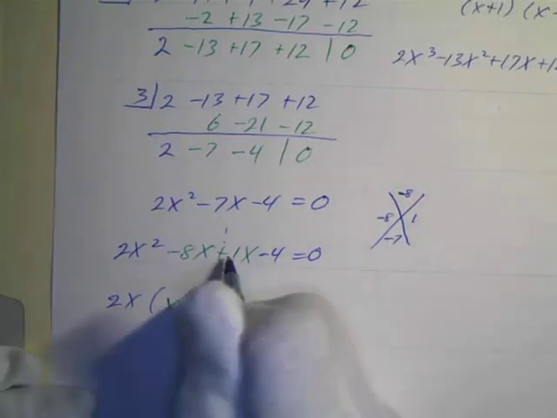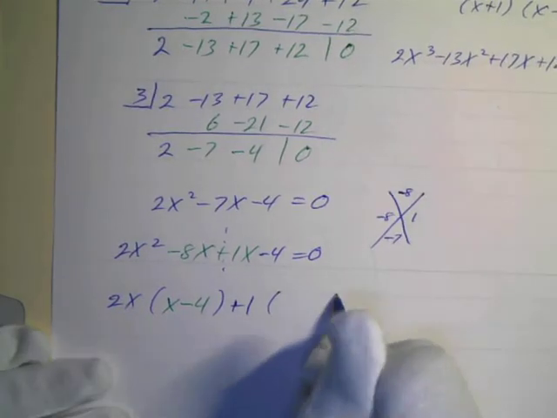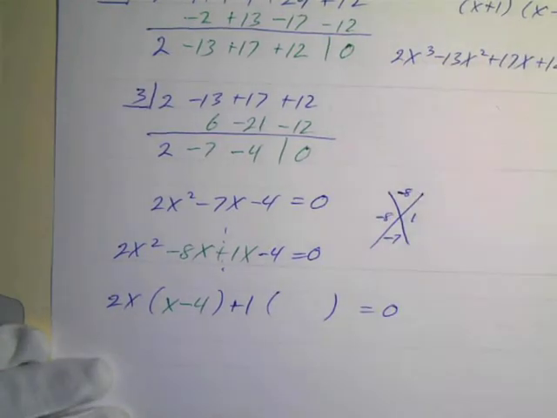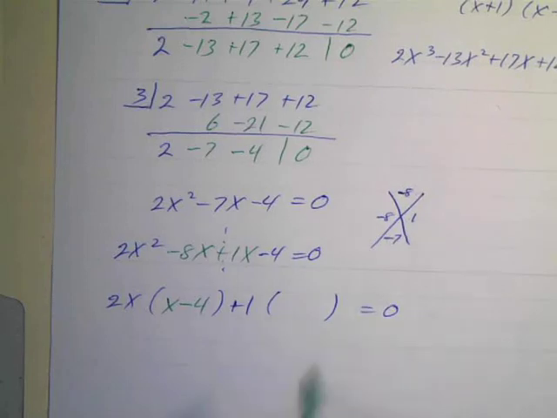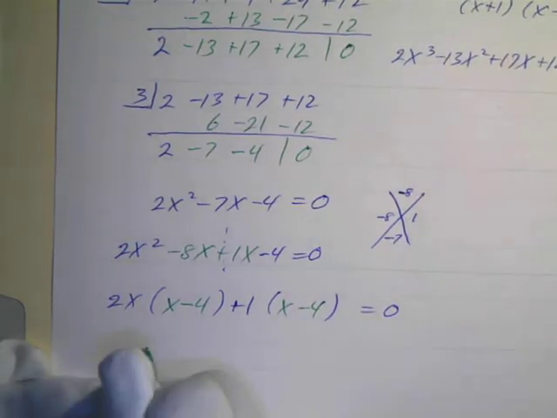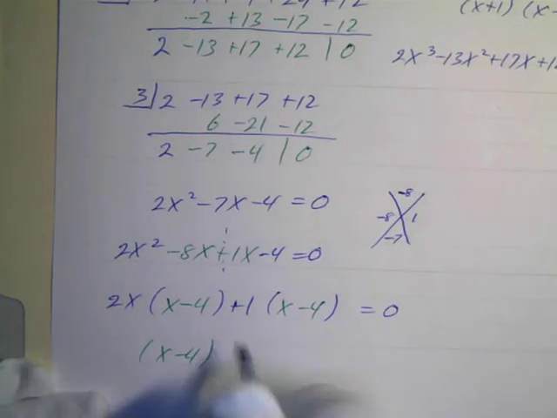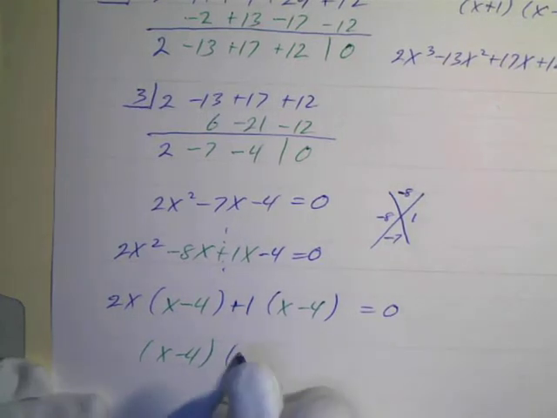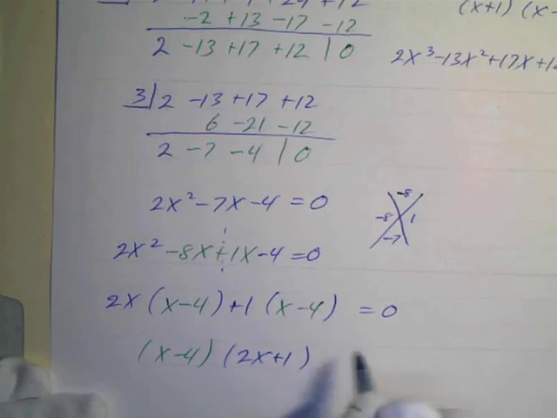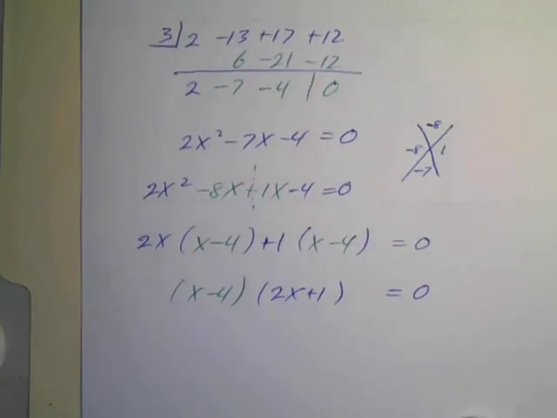It looks like just a 1. And what's left is going to be x minus 4. That's still equal to 0. And then I can take out the x minus 4. And what's left is 2x plus 1. So there's a good review of our general trinomial method.